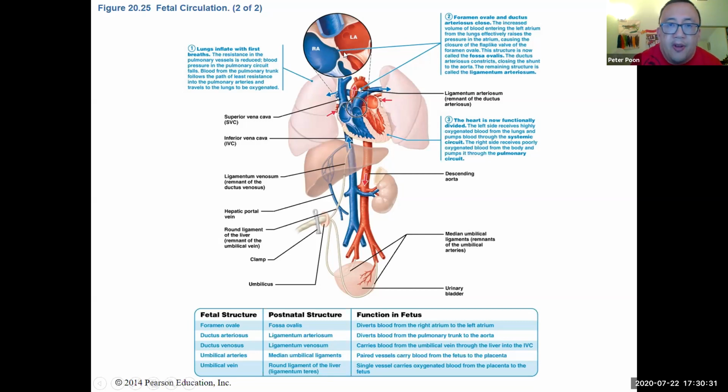That seals off and becomes the fossa ovalis. Okay? The ductus, the tube right there, the ductus arteriosus closes, it becomes the ligamentum arteriosum. Okay, so these three changes are critical to fetal circulation, or changing from fetal to adult circulation. Okay.